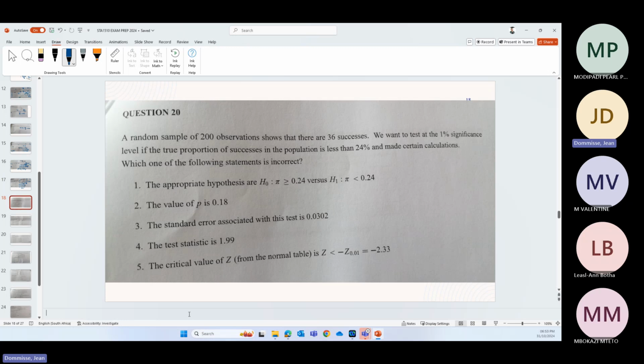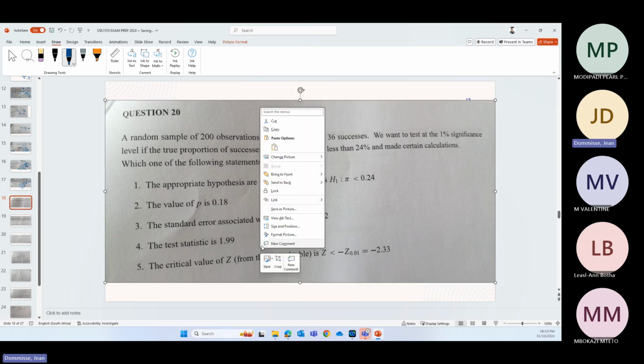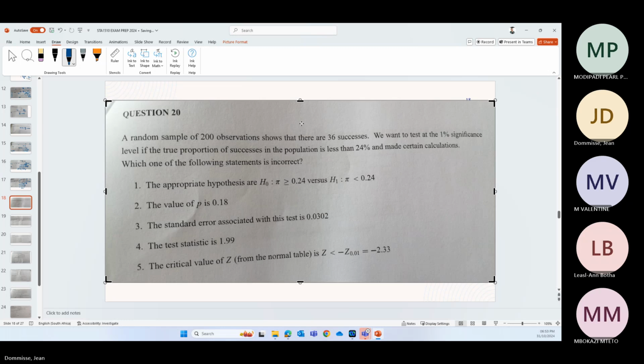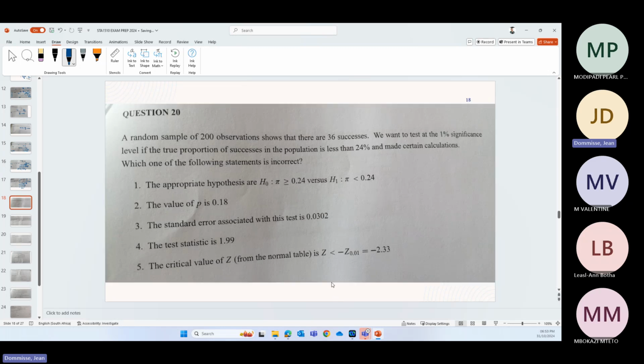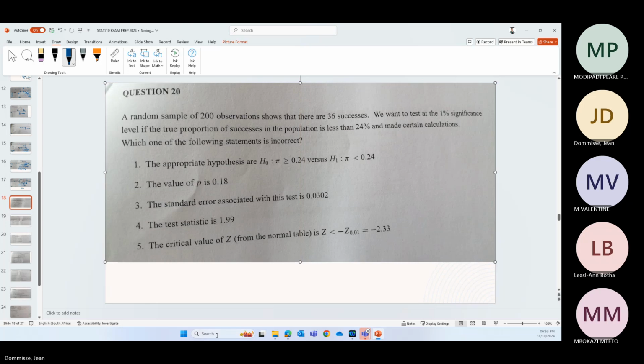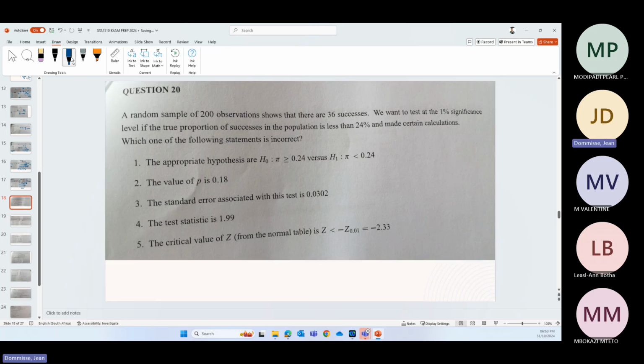Okay, question 19 or 20, hypothesis testing that we're working with. So let's see what they give us. A sample of 200 observations shows that there are 36 successes.